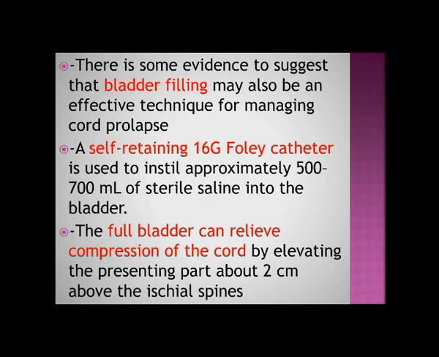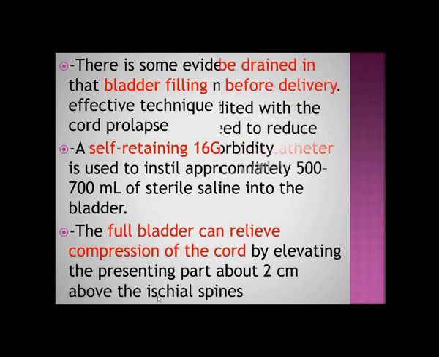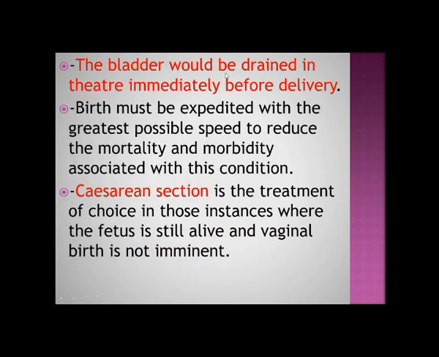So that also relieves the pressure. A self-retaining 16 gauge Foley's catheter is used to instill approximately 500 to 700 ml of sterile saline into the bladder. The full bladder can relieve the compression of the cord by elevating the presenting part about 2 cm above the ischial spine. Then the bladder should be drained in the theatre immediately before the delivery.